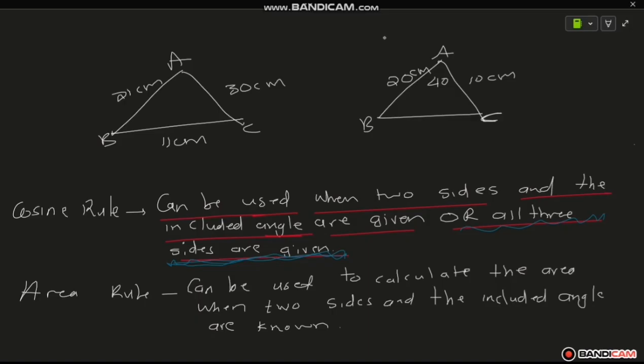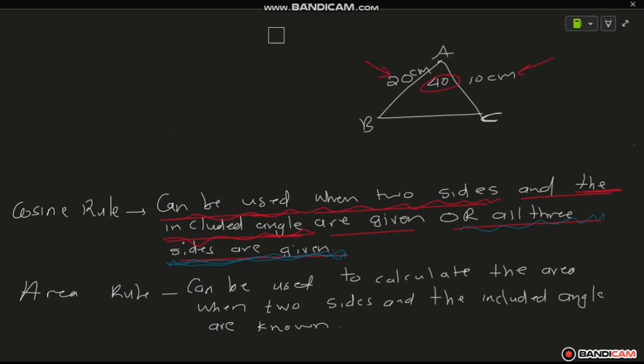Then we have 40 as angle A. These two sides, as the rule says, can be used when two sides and the included angle are given. We have side AB and side AC together with what? The included angle. The included angle is the 40 there, meaning that this 40 is formed by 10 centimeters and 20 centimeters. Therefore, it is known as an included angle. Therefore, we can use the cosine rule. I hope it makes sense.